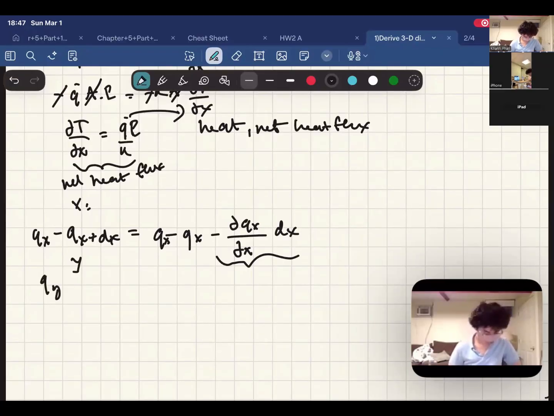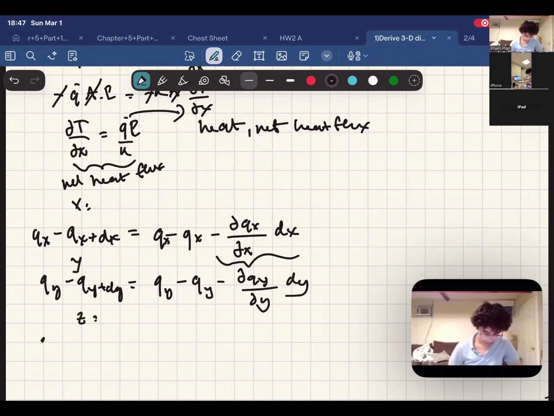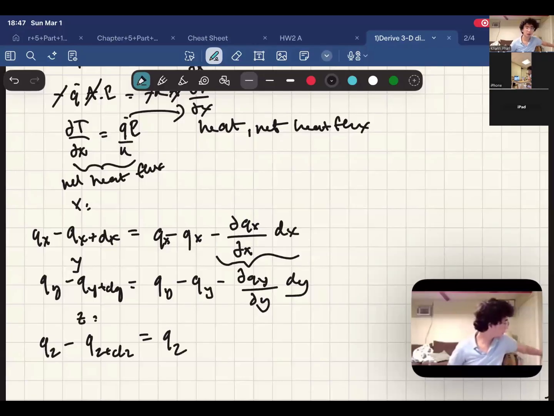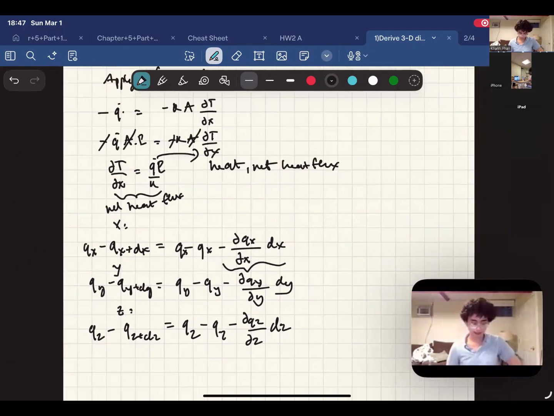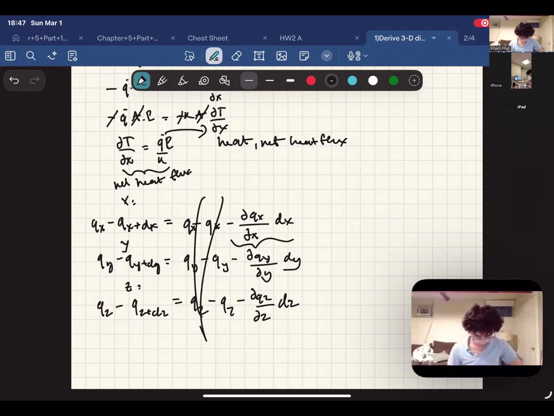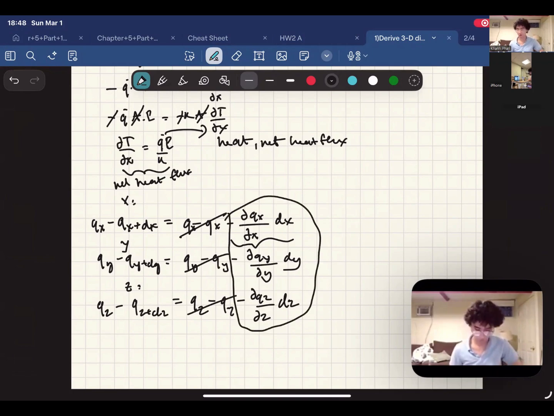So qy minus qy plus dy is equal to qy minus qy plus dqy over dy times dy, the distance of y. And then same for z, qz minus qz plus dz is equal to qz minus qz plus dqz over dz times dz. So now we cross out all of this. We would just have these variables left for our equation.